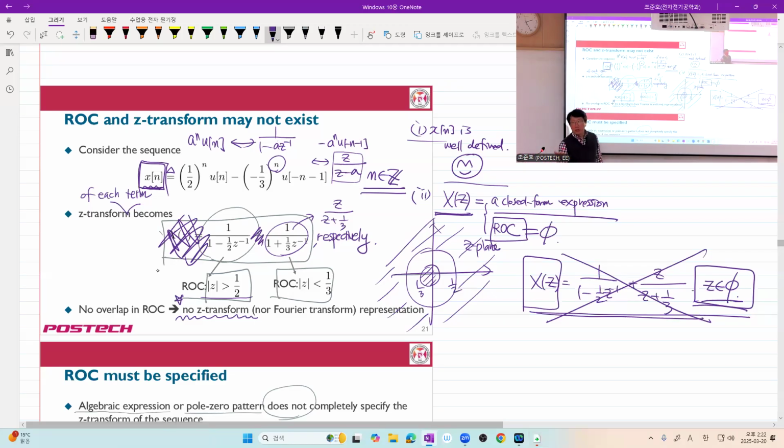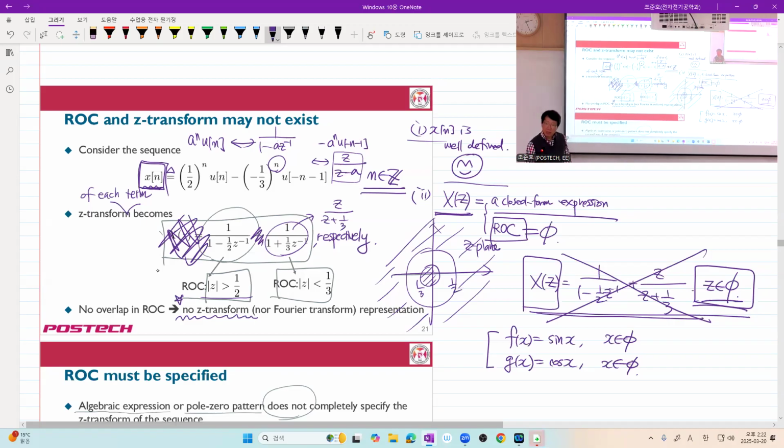What's the use of a function that does not have any element in the domain? For example, you may say that, okay, f of x equals sine x, x in the empty set. g of x equals cosine x, x in the empty set. As functions, these definitions are meaningless. Got it? So, following this idea, we have to say that the Z transform of this signal does not exist.